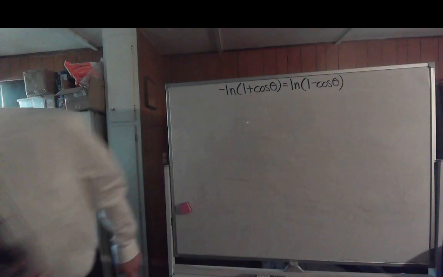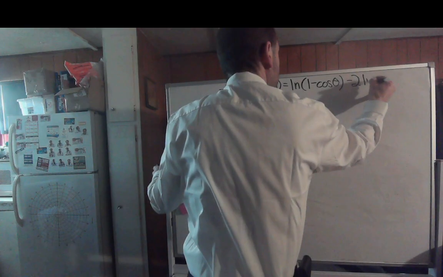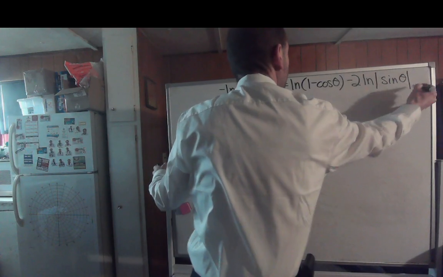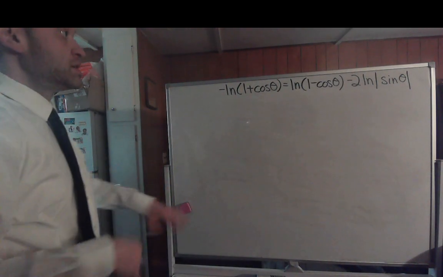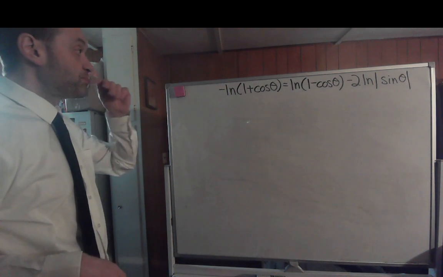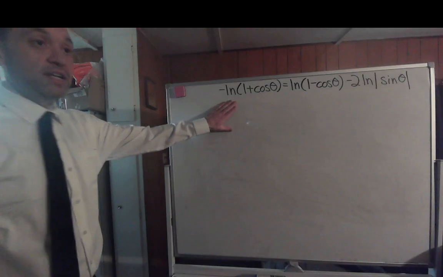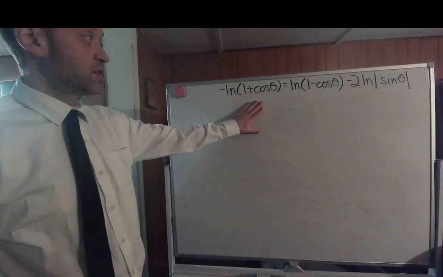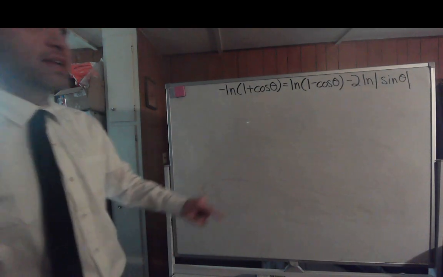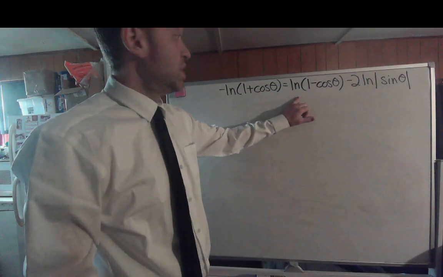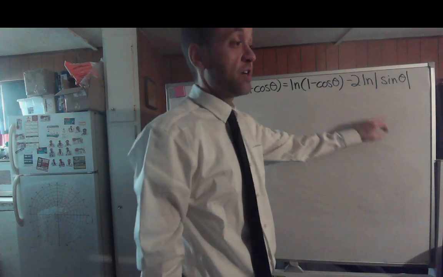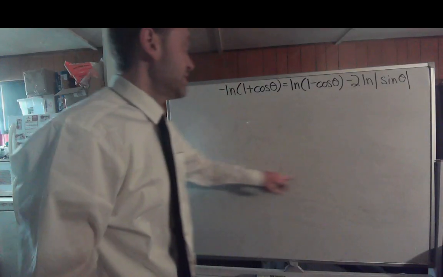This one's going to be a bit more of a doozy, but a bit fun. We have the negative of the natural log of the quantity of 1 plus the cosine of theta.